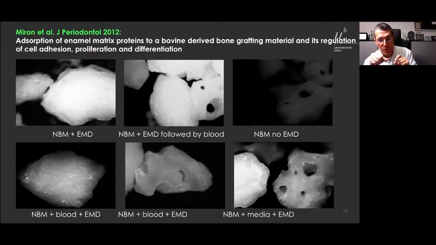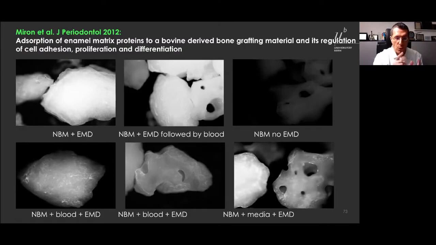It means that if you have no blood contamination on the surface of the graft particles, you add EMD, and you don't have immediate contact with the blood, then the greatest part of the biomaterial of the EMD will stick to the surface.